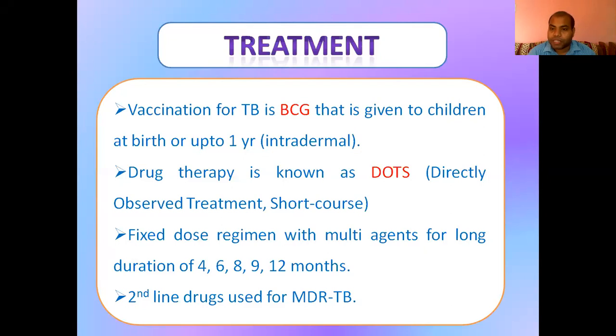The full form of BCG comes in competitive exams and in viva questions. This TB vaccine is given to children at birth or up to 1 year of age, by the intradermal parenteral route of administration.